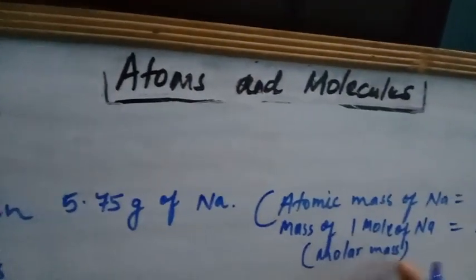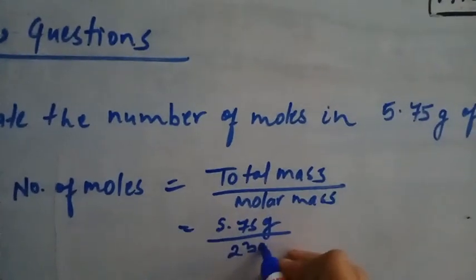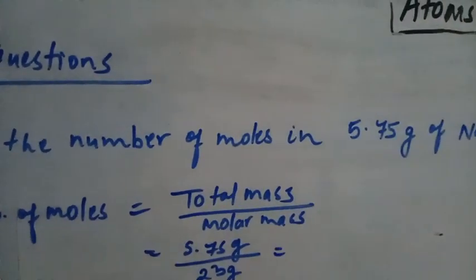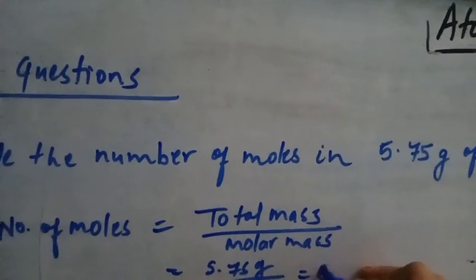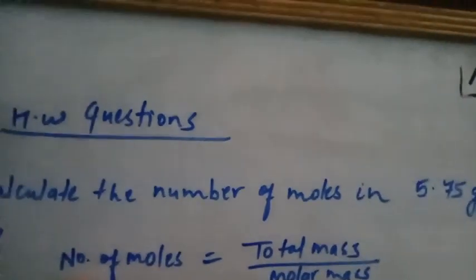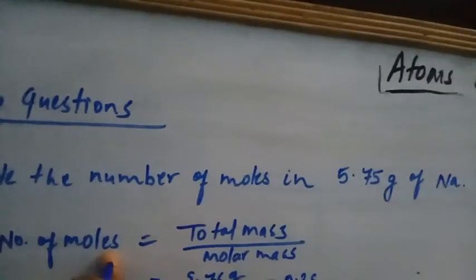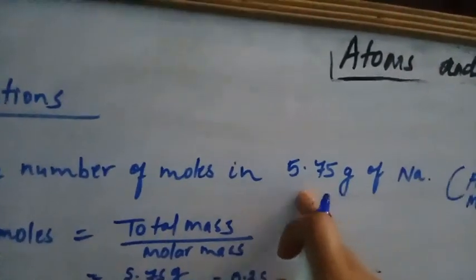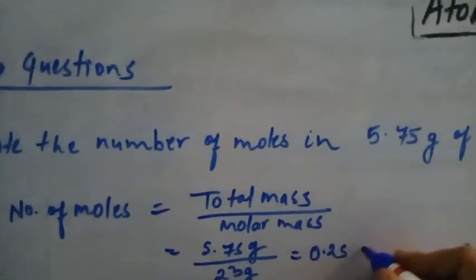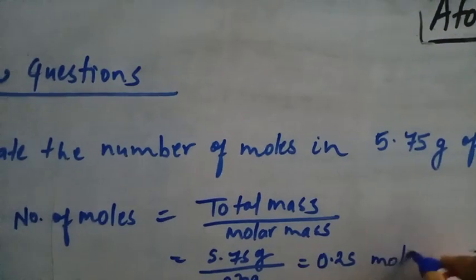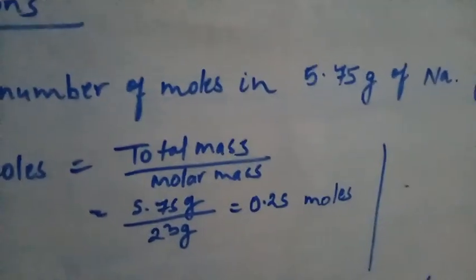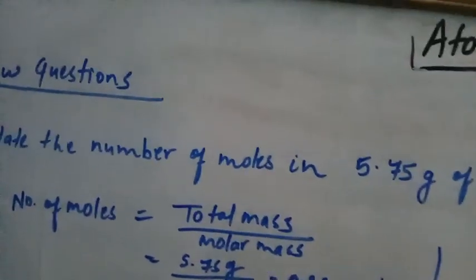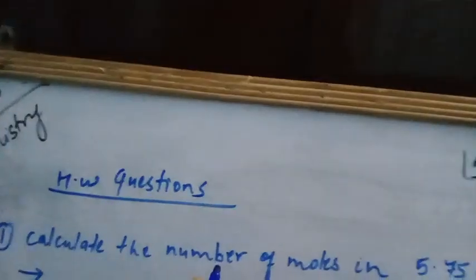Molar mass we have calculated here, 23 grams. So how much will we get? We will get 0.25. So number of moles of sodium in 5.75 gram of sodium is 0.25 moles.